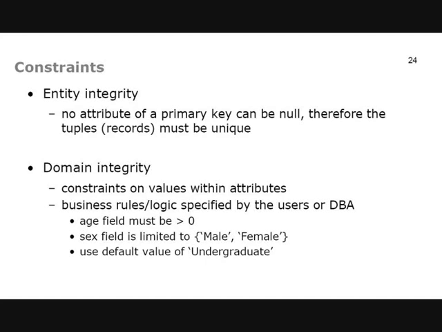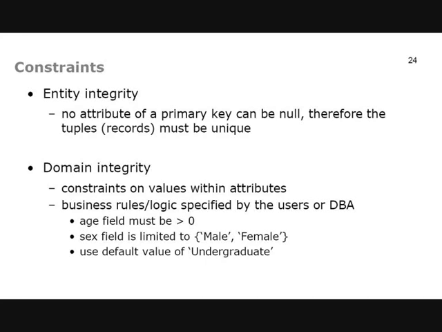In the case of the relational model, there are three main constraints that you need to understand, two of which are very important, and the domain integrity is also important, but sometimes more difficult to implement. The first one is entity integrity, and that simply says that no attribute of a primary key can be null, ever. Okay?